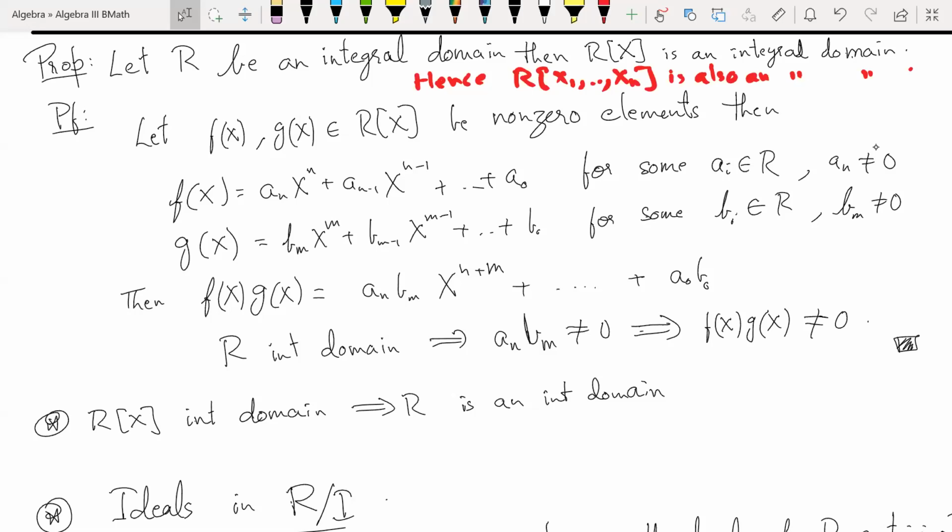But the main term of interest is the leading one. Since R is an integral domain and a_n and b_m are non-zero, these two together imply that a_n times b_m is non-zero, which implies f(x) times g(x) is non-zero. So it's a non-zero polynomial since this coefficient is non-zero.